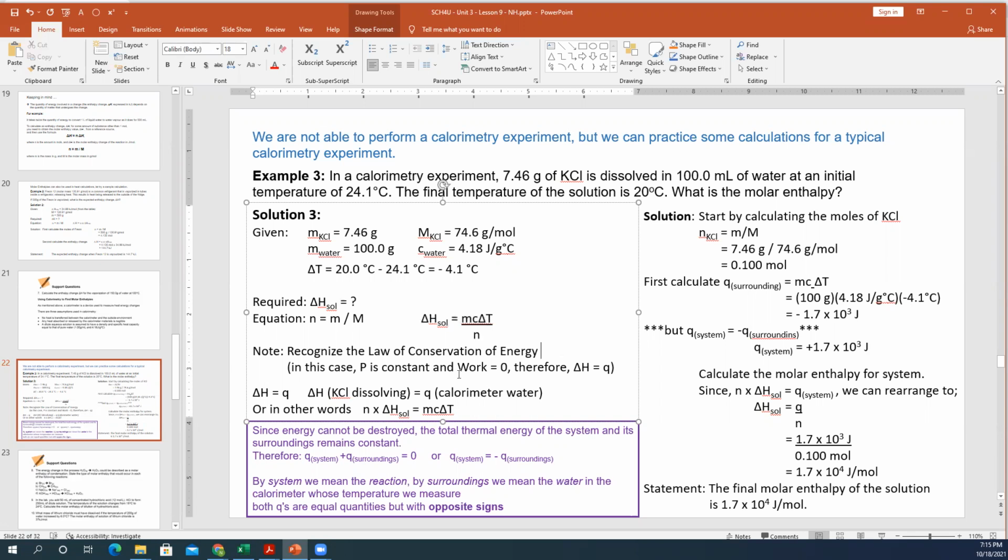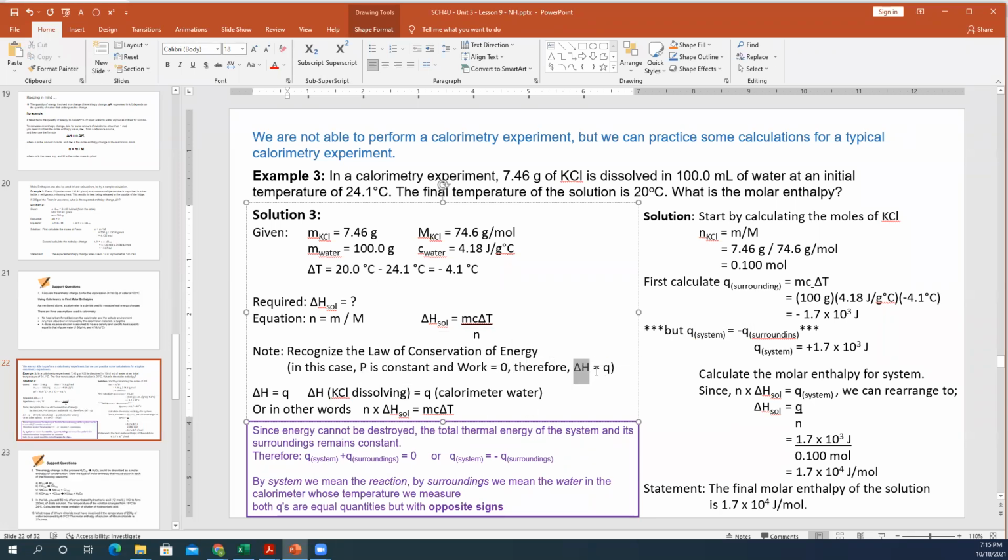We also want to recognize that the law of conservation of energy states that in this case, because pressure is constant, it always is whenever we are doing any type of reaction on Earth, P is constant and work is equal to 0.